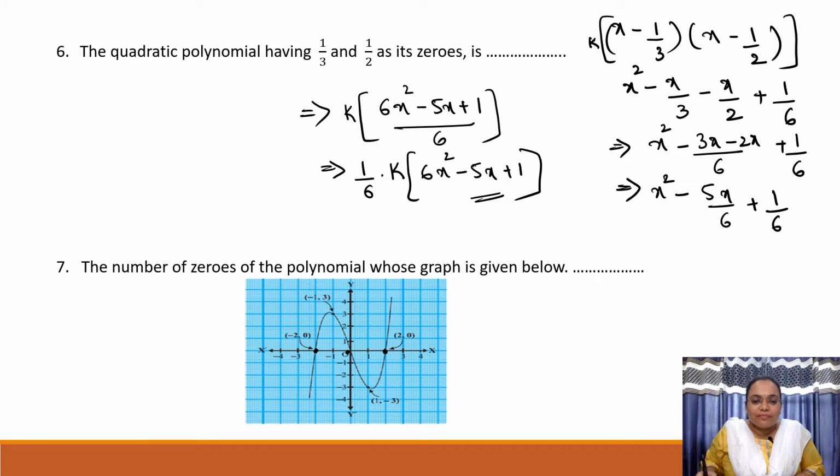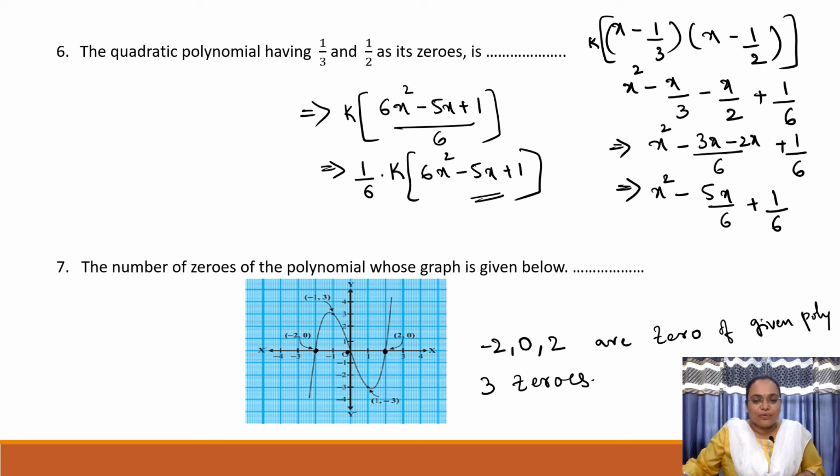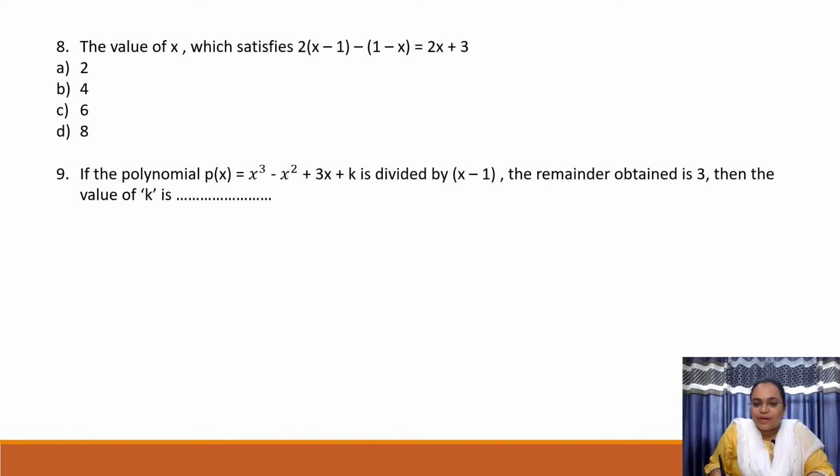So minus 2, 0 and 2 are the zeros of the given polynomial. There are 3 zeros.